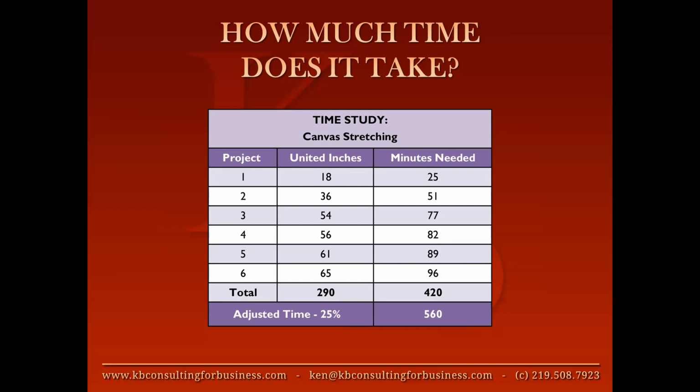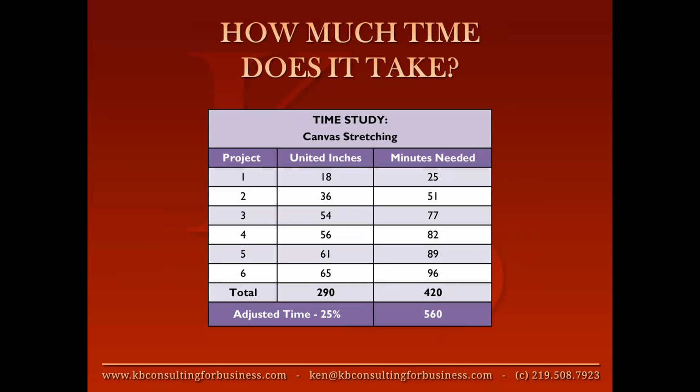In this example, the time it takes to complete the stretching of a canvas is determined by recording when you start and when you stop. This allows you to calculate how long it took. In addition, you will want to record how large the canvas was by listing the total united inches of the project.